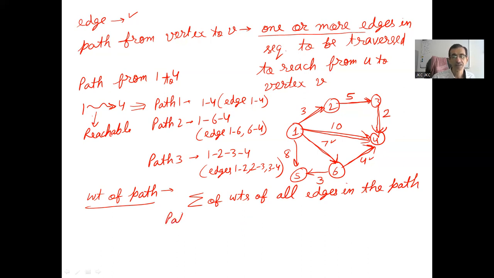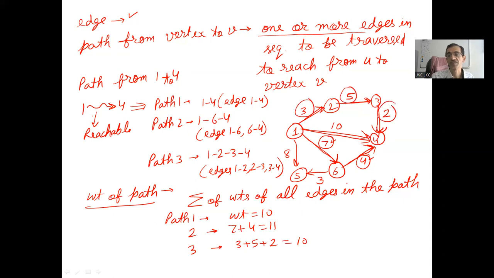So for example, path 1, I can easily say the distance weight is 10. Path 2, the weight is 7 plus 4, that means 11. Path 3, 1, 2, 3, 4, that means 3 plus 5 plus 2, let's say 10. So this plus this plus this.